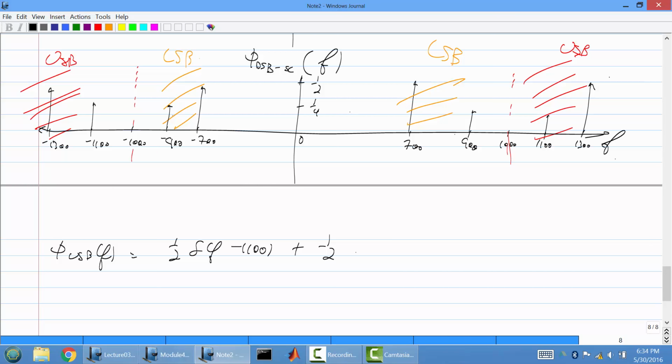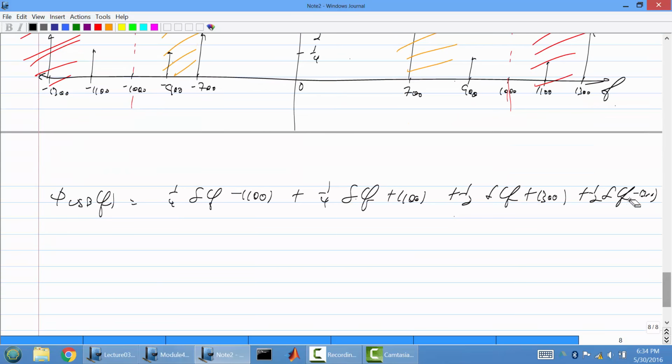Not a half, it's 1/4, sorry. So 1,100 is 1/4. And then you have a half at 1,300. Sorry, it's a little unclear there. So this is B, and then part C is to figure out what the time domain signal is.